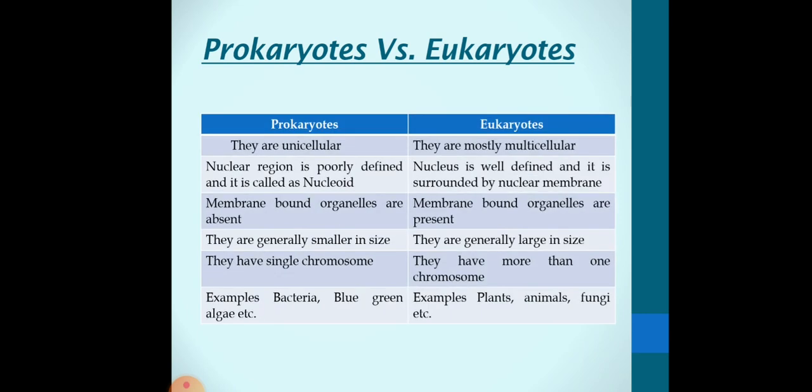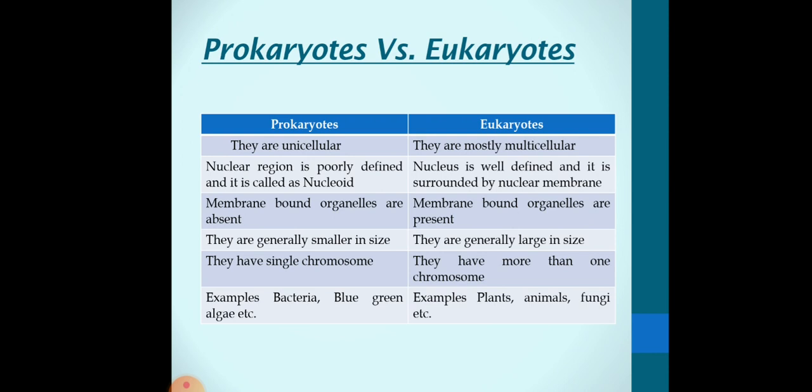So prokaryotes are generally unicellular, whereas eukaryotes are multicellular. In prokaryotes, the nuclear region is poorly defined, and that region is called the nucleoid. Whereas in eukaryotes, the nucleus is well defined and surrounded by a nuclear membrane.